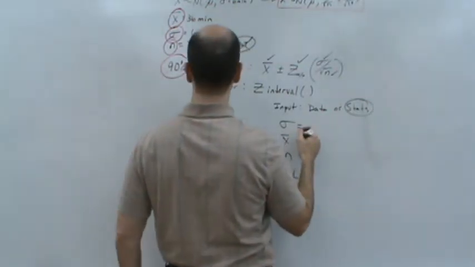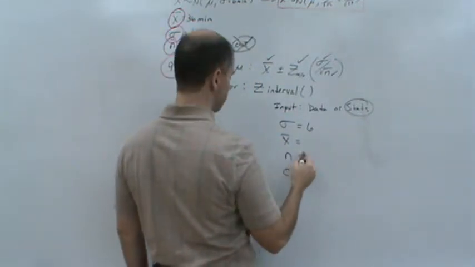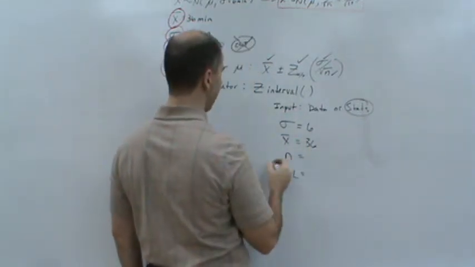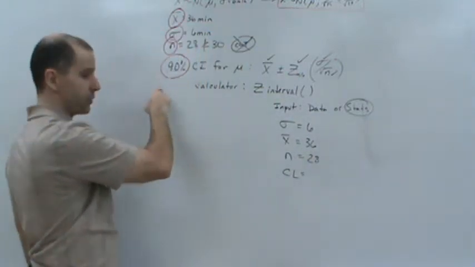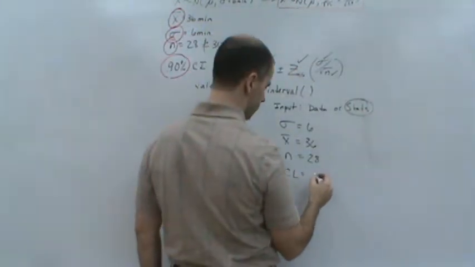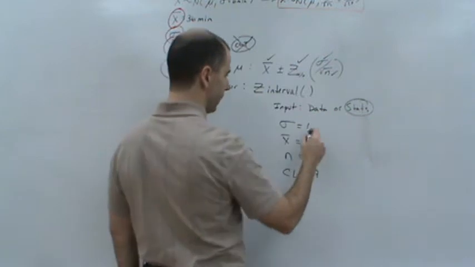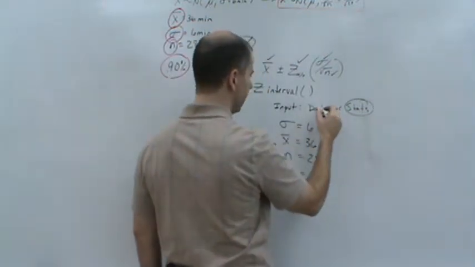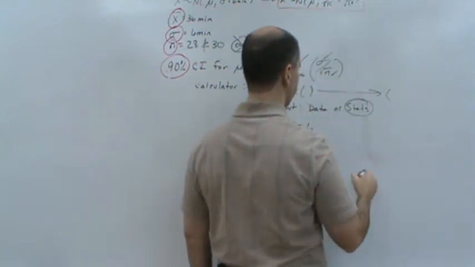So you just plug in sigma, which is 6, X bar, 36, N is 28, and the confidence level, it's a 90% confidence level, so you want to put in 0.9 into the calculator. So CL is 0.9. And then what this is going to give you is the same interval.